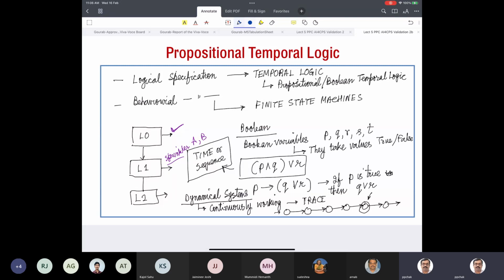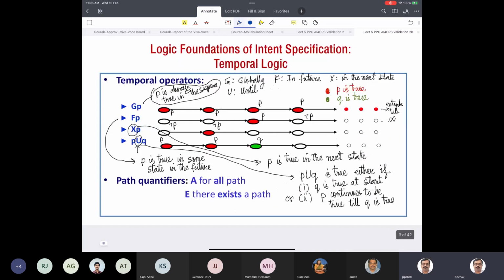And there we said that even in a particular logical or behavioral specification, the specification will be refined at various levels. In order to understand logical specification, we discussed temporal logic, and there, in addition to the Boolean operators, we added four operators: G, F, X, and until, where G meant globally.